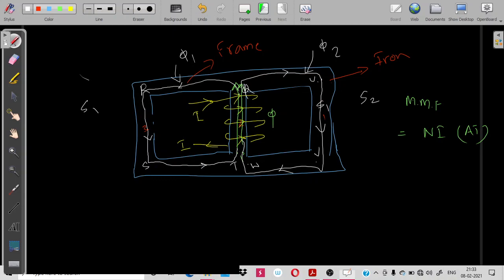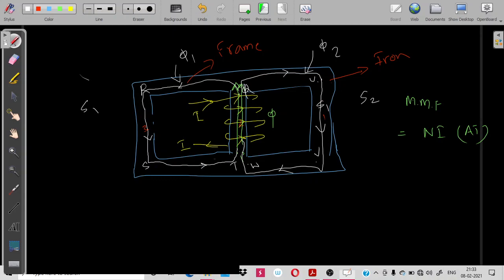So this closed path, Q, R, S, T and again Q, has a reluctance S1, and the other closed path, that is Q, U, V and W, only this much path.